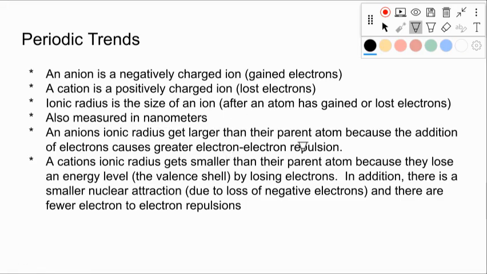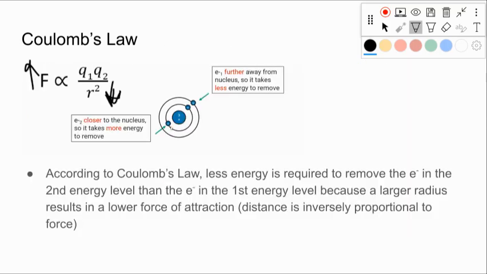Cations are going to get smaller. I can use an example back here that we looked at. If I lose this electron right here, this is lithium. It becomes my lithium +1 ion because it loses that electron. When it loses that electron, it also loses that entire energy level because it's no longer occupied. So then it only has that first energy level.